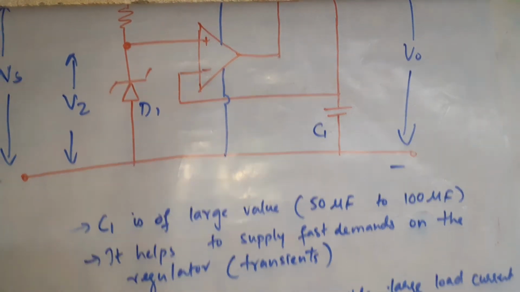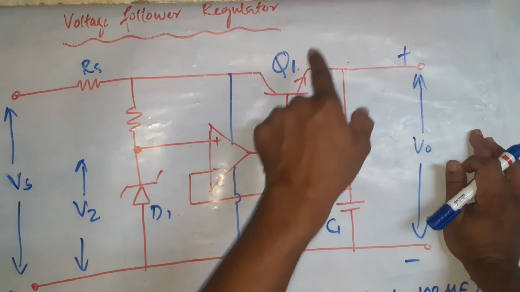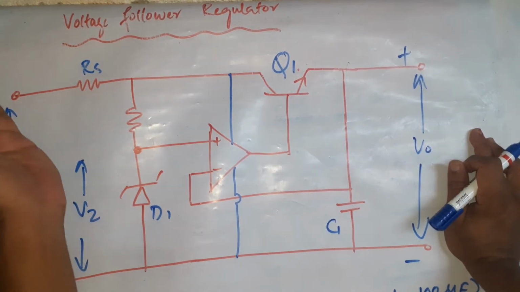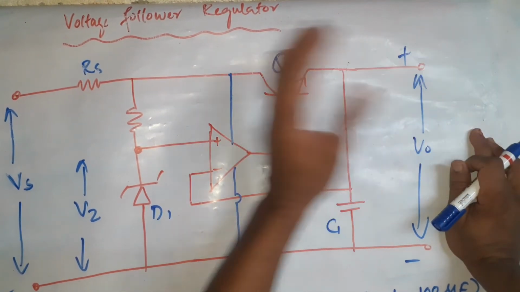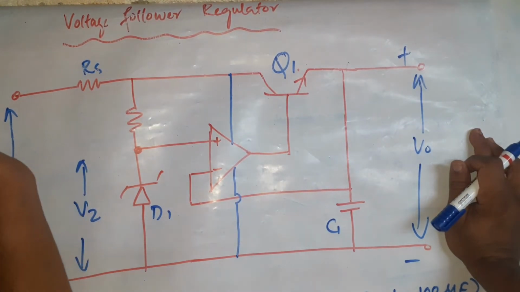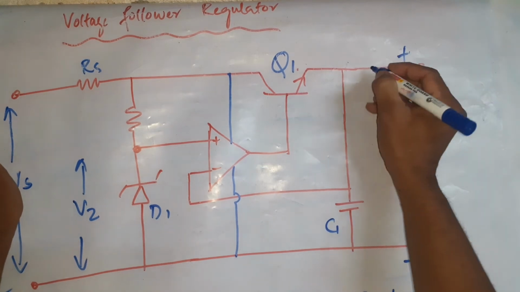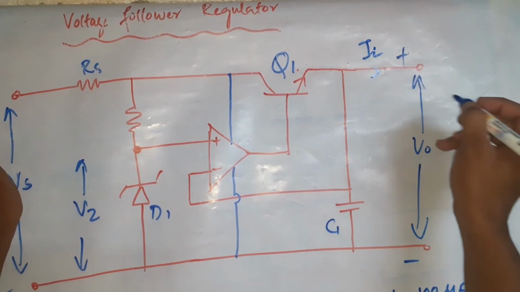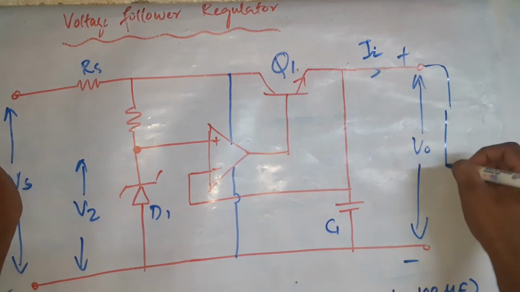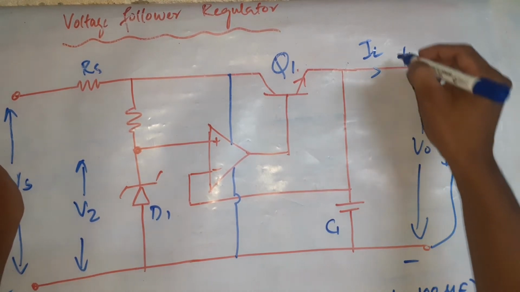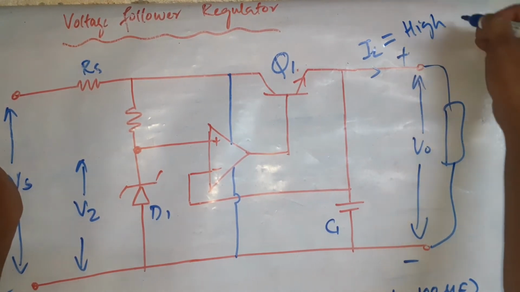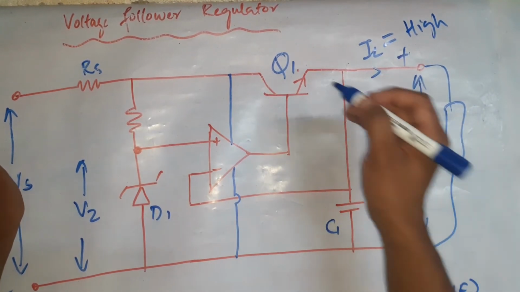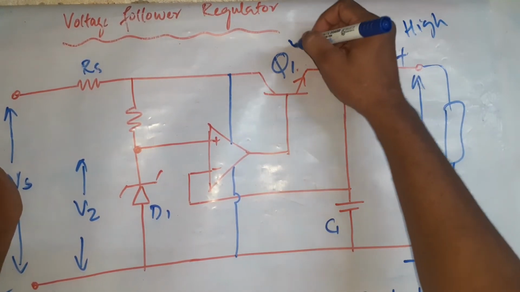Then we have a transistor Q1. The job of this transistor Q1 is to supply the load from your source side. Here you will have your load current, if there is a load connected. Now if this load current is very high, then you need to use transistor Q1.